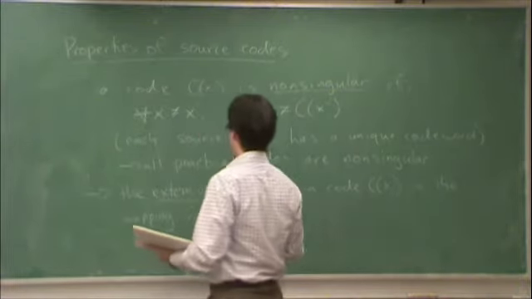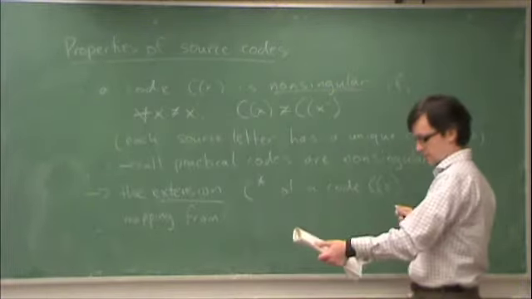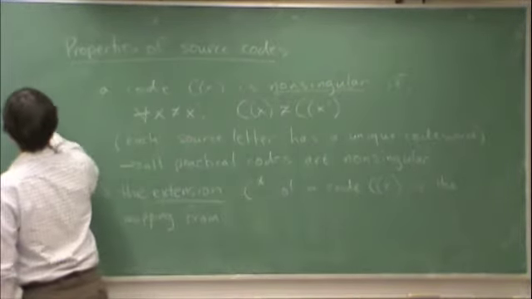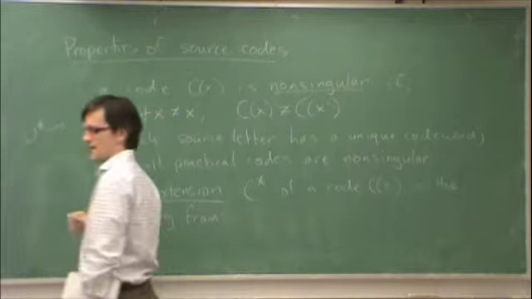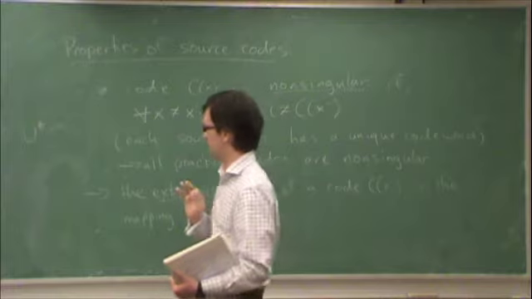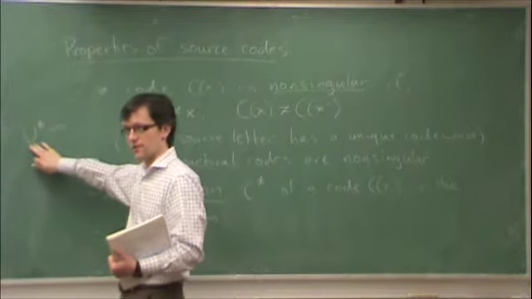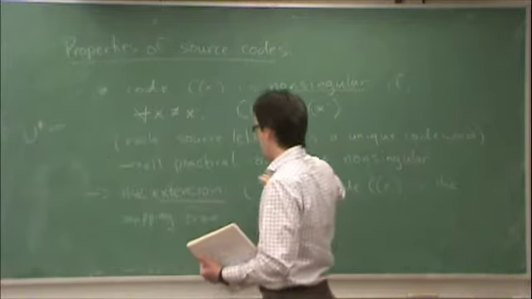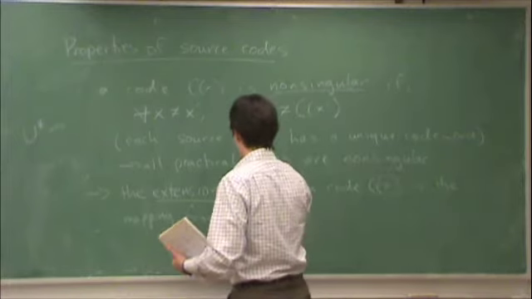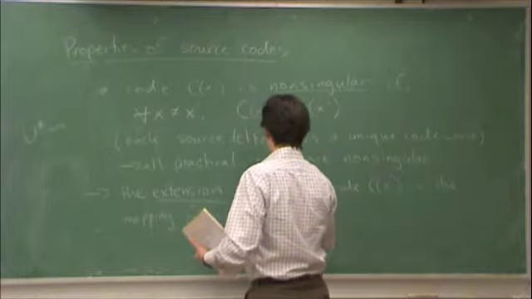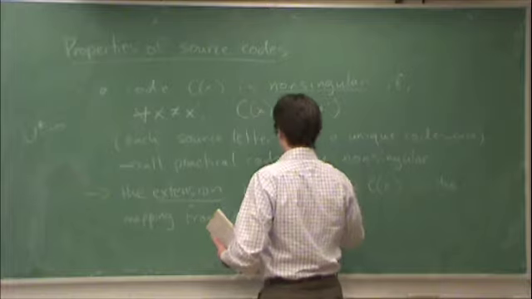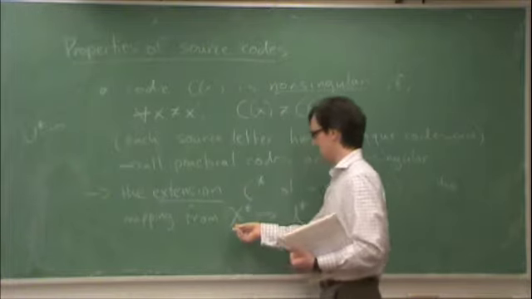Remember my notation from before. U star is the set of all finite sequences of U, and U are the allowed channel variables. We're going to have a mapping from X star to U star. What does this mean?